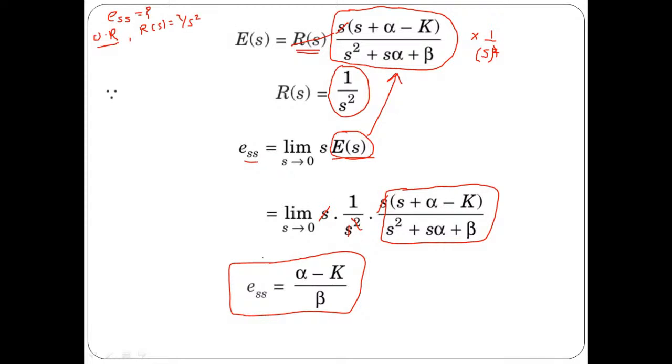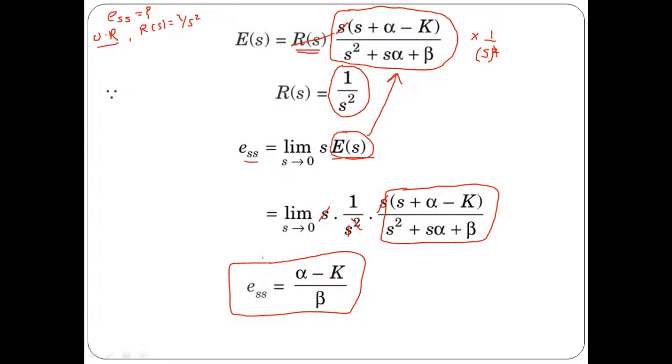I hope this is clear to everyone. It is simply the application of limits and all. That's it. It is simply the application of mathematics. If you know the formula to calculate the value of error signals for different types of input which we have taken as an excitation to excite that particular system, you can easily find out the value of error signal. You can easily find out the value of error coefficients for any type of system. The thing is that you need to first identify what will be the type of that system.